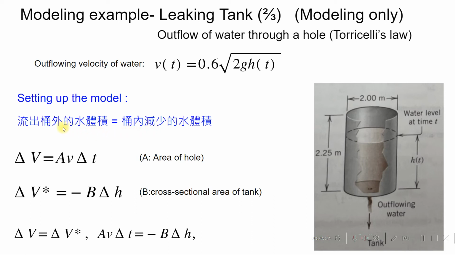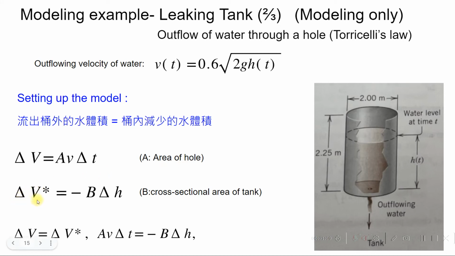So let's take a look at the former one. Delta V, which is the variation of water volume, equals A times the velocity times delta t, and A is the area of the hole.